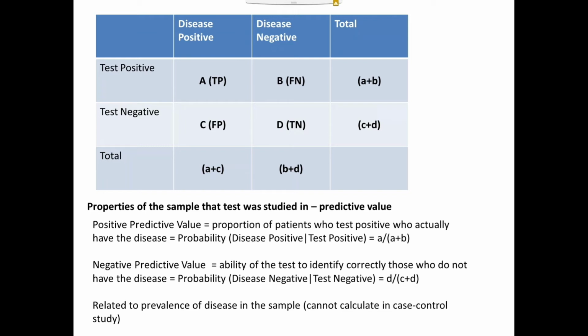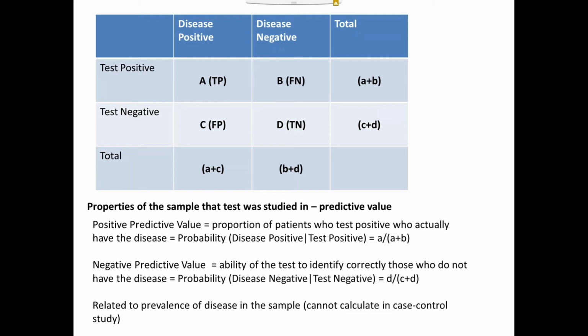Those two values, sensitivity and specificity, are properties of the test, and should be the same no matter what population you apply the test to. But there are also properties of the test in the sample that the test was studied in, and that's called the predictive value.